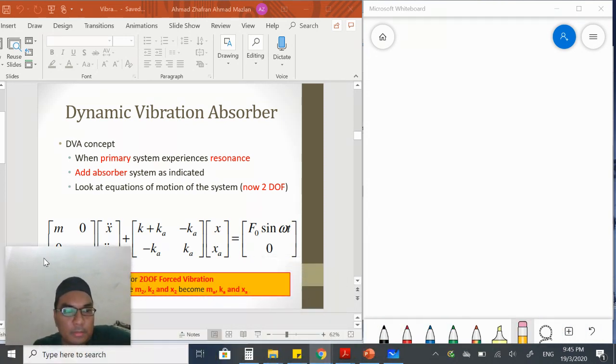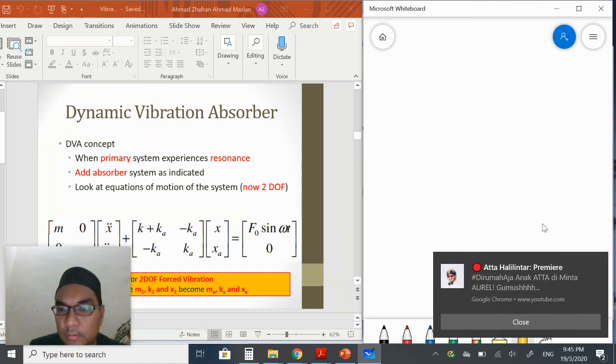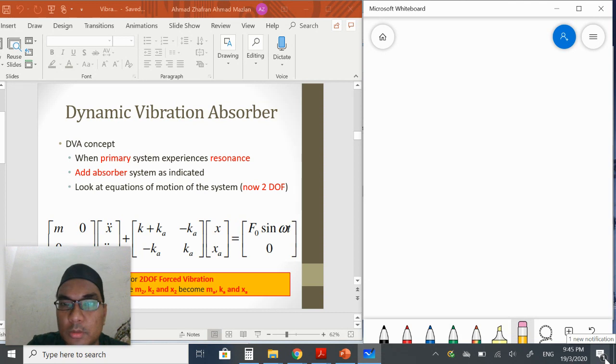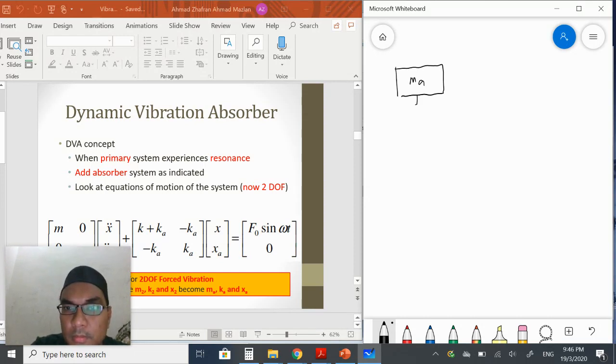As usual, maybe I can write down here. We have a mass MA, with stiffness KA, and the mass M with stiffness K. So this is the primary and this is the DVA.